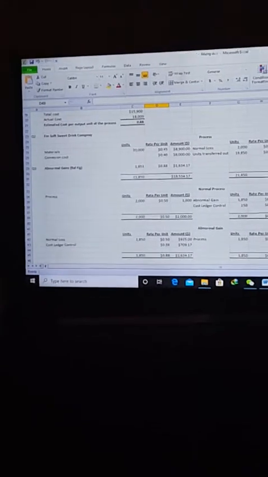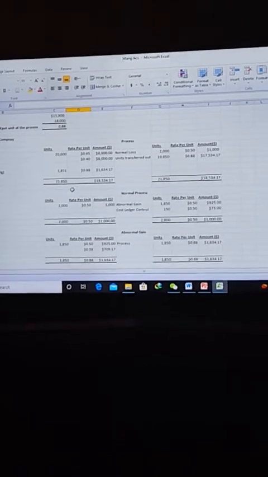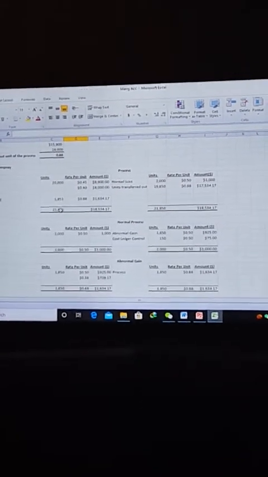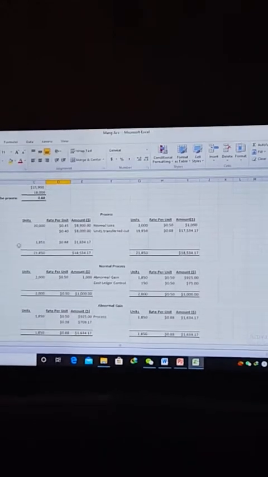So abnormal gains are the unexpected or unknown costs that we have to add within the production cost, which makes it 21,850 units that have been added to this production, as well as the abnormal cost.